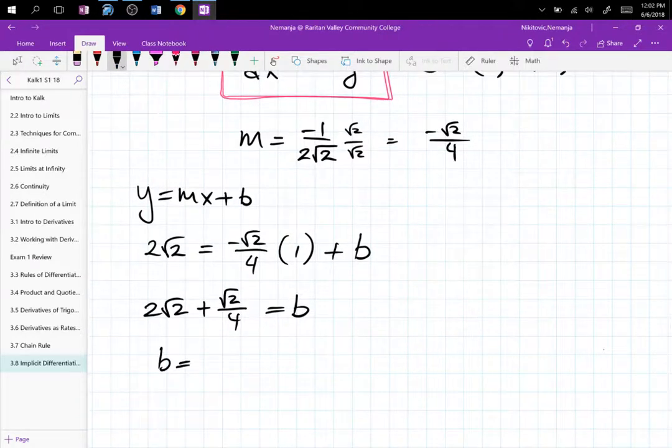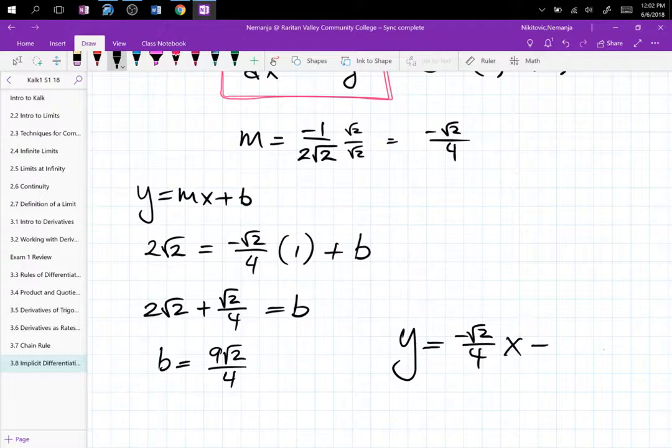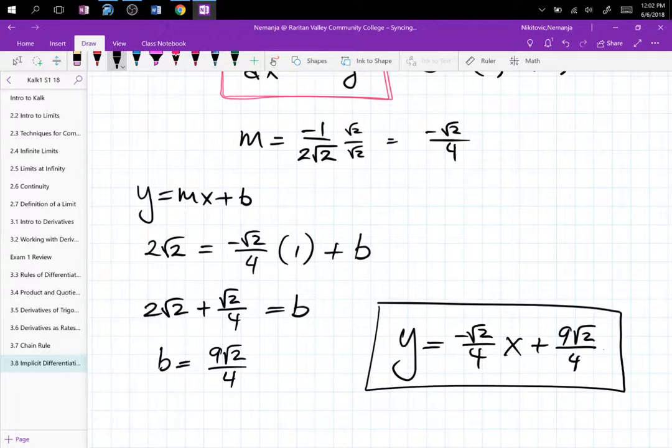And b is equal to 9 root 2 over 4. So y is equal to negative square root of 2 over 4 x plus 9 square root of 2 over 4. And that would be the tangent line.